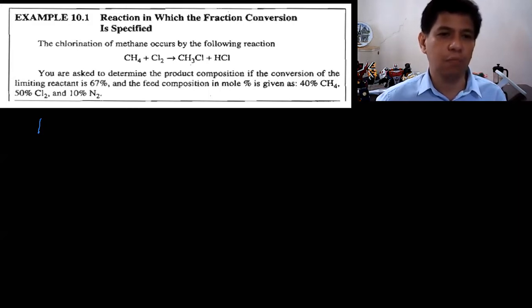So we're going to use the conversion, yung 67% conversion, to determine the final number of moles of the limiting reactant. And then if you have the final number of moles of the limiting reactant, you can now calculate the extent of the reaction. Tapos after calculating the extent of the reaction, you can use the extent of the reaction to calculate the number of moles of the reactant and species after the reaction. Basically, yun lang. Now, so let's start by calculating Emax.